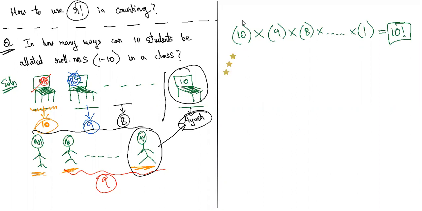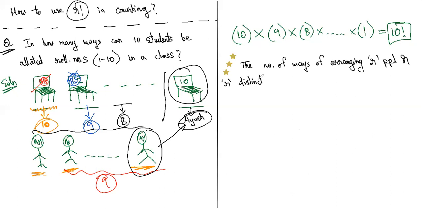We can say that the number of ways of arranging r people, or instead of people, distinct objects, in r places is r factorial. Okay, this is what we learned. Anyone has any doubt? No, sir.